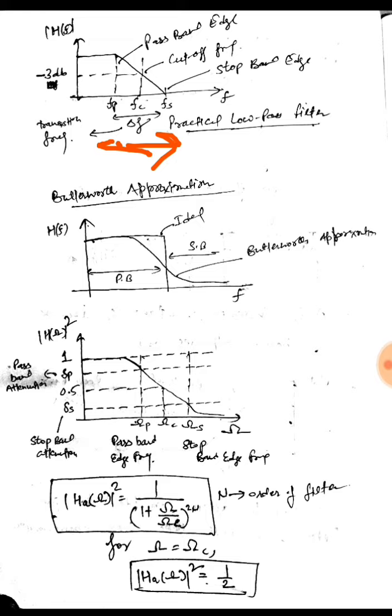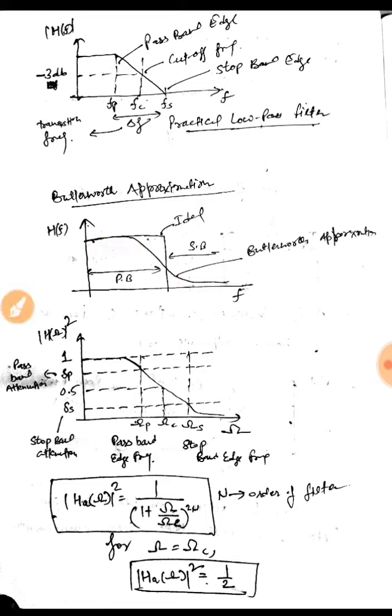If I take the Butterworth approximation, which has a very smooth transition between the pass band and the stop band, as you can see in the figure. For an ideal filter this was the case, but if I design it for a Butterworth approximation, it would look like this, which is a practical case.